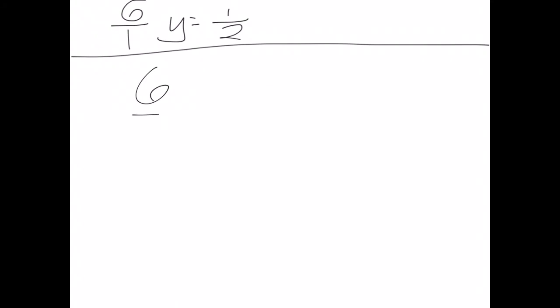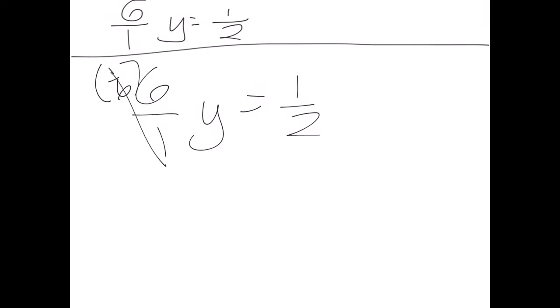To solve 6 over 1 y equals 1/2, we must do the same thing. We must multiply by the reciprocal. 6 over 1's reciprocal is 1/6. So we must multiply by 1/6. Let's bring the y down. And first, we must find the least common multiple for 6 and 2. This is 12.